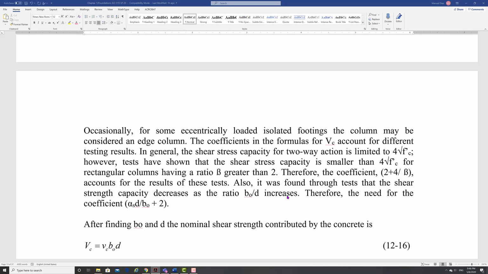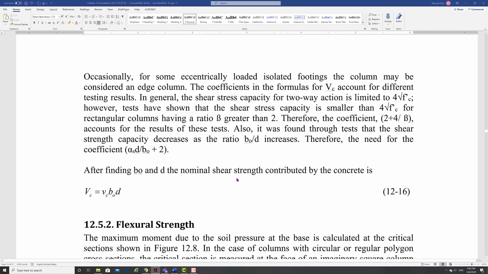So they're inversely proportional. Okay. And also as you make your rectangular columns a ratio greater than 2-to-1, your shear strength also decreases.